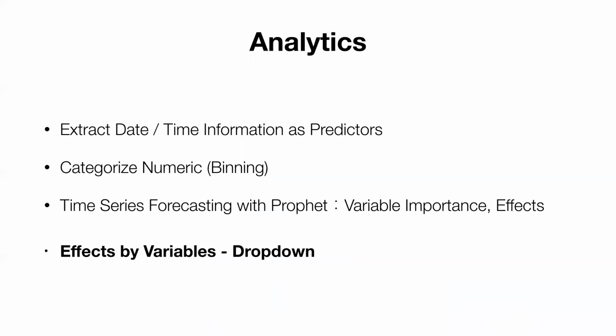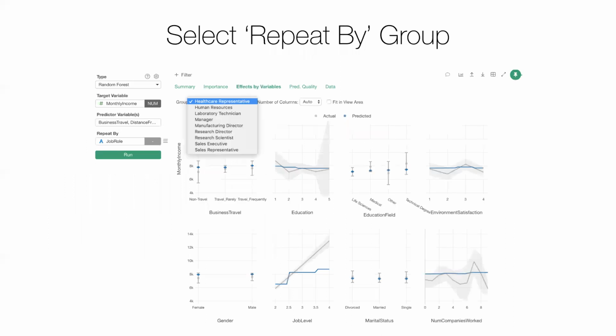Okay, the next one is effects by variables. You go to the random forest or any modeling, like decision tree or linear regression, and there's a tab called effects by variables, which shows this blue line as the predicted values, or predicted line, based on the x-axis value.